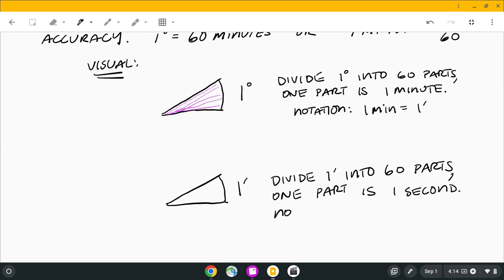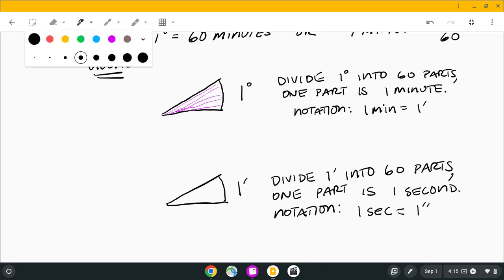The notation here would be, instead of spelling out SEC, 1 and then 2 tick marks. So if we cut this into 60 slices, one of those really itty bitty slices is equal to 1 second.